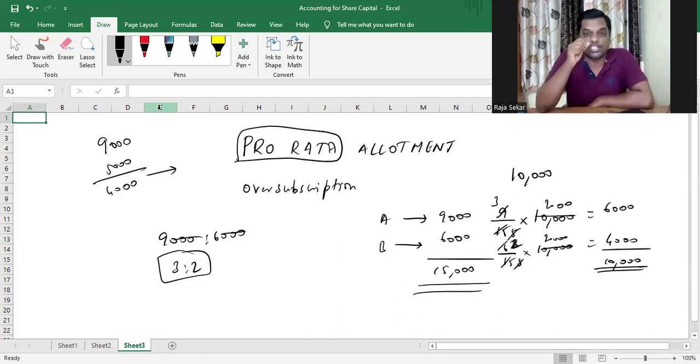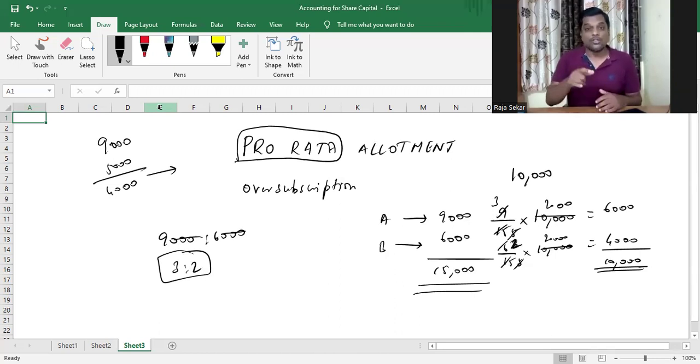Now, this excess application money can be refunded directly to them. That is one way to go. Just refund the money to them and then tell them to pay the allotment money themselves. Or what the company can do is keep the excess application money with the company and tell them, you have applied for 9,000, but I've allotted only 5,000 shares to you, which means I have the 4,000 excess application money that you paid me.